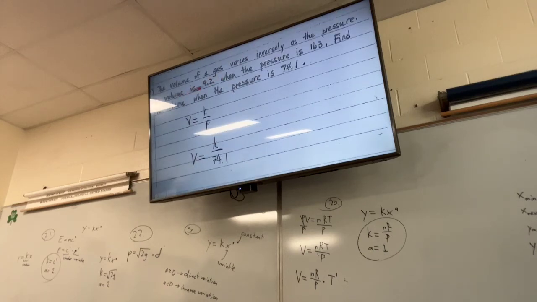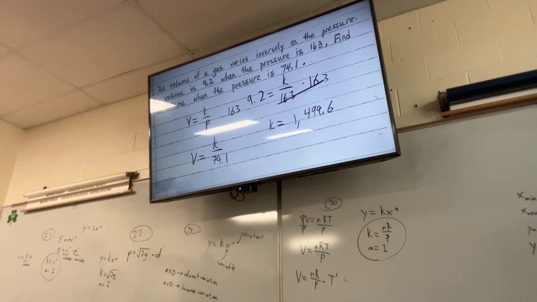The volume is 9.2 and the pressure is 163, so 9.2 equals K over 163, which means if I solve for K, K equals 9.2 times 163, which is 1,499.6.